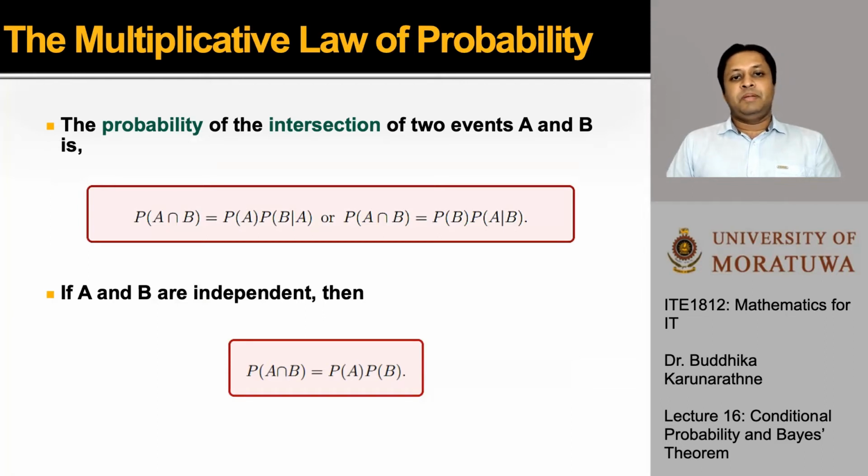So this is the multiplicative law of probability. However, if A and B are independent, we see that P(A intersection B) is equal to the simple multiplication of probabilities of A and B, P(A) times P(B). That's for the independent case, but otherwise you have to consider the more general multiplicative law, including the conditional probabilities.